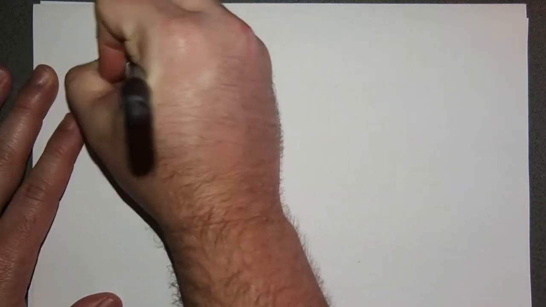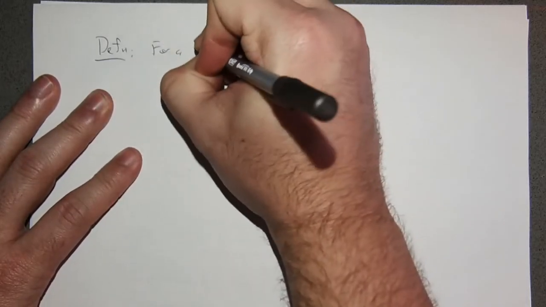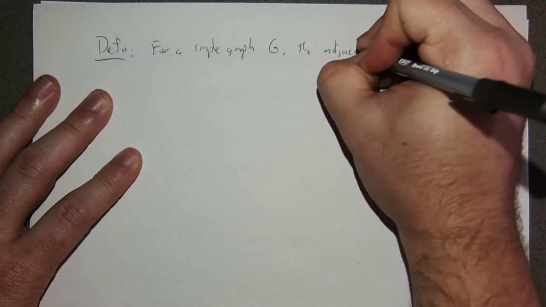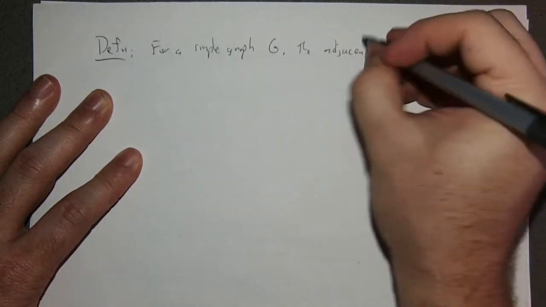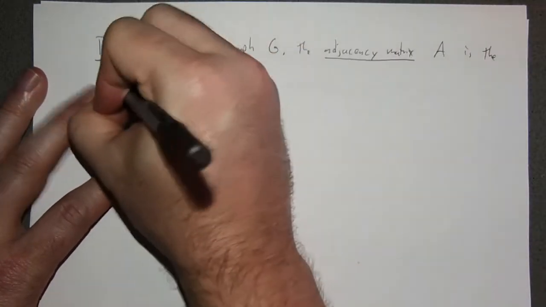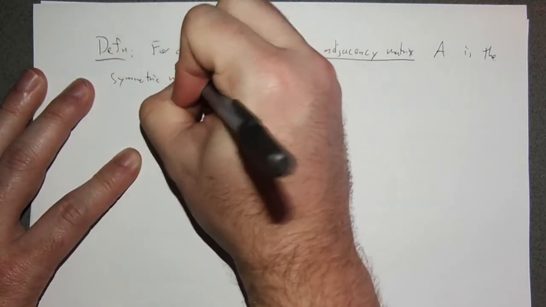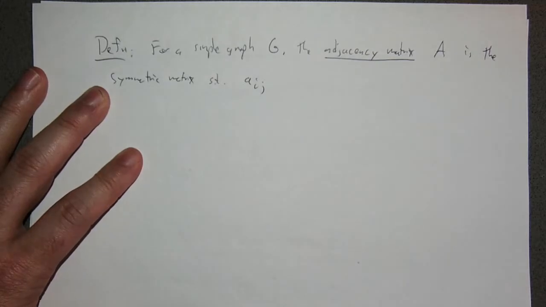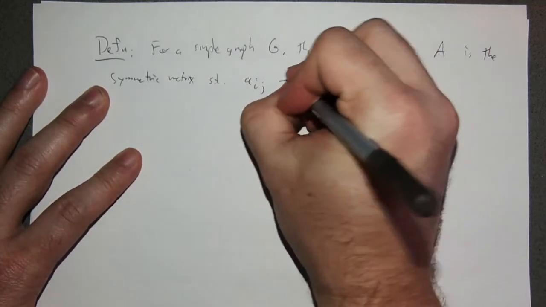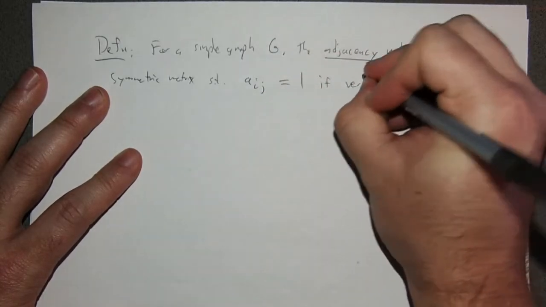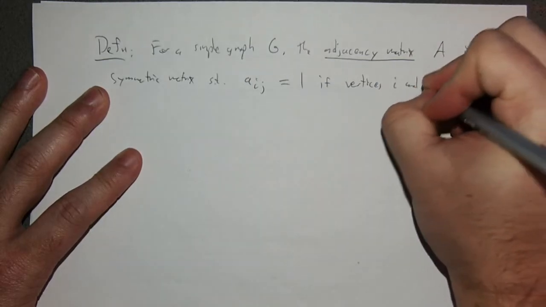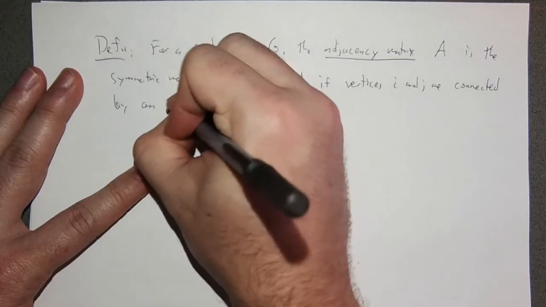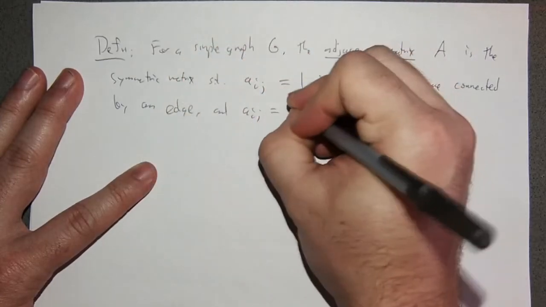Another definition for a simple graph G. The adjacency matrix A is the symmetric matrix such that A sub ij, that is little a sub ij, is equal to 1 if vertices i and j are connected by an edge and a sub ij is equal to 0 otherwise.